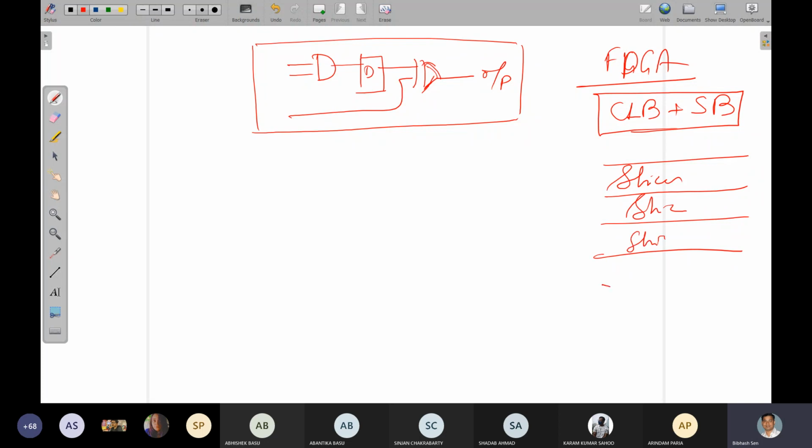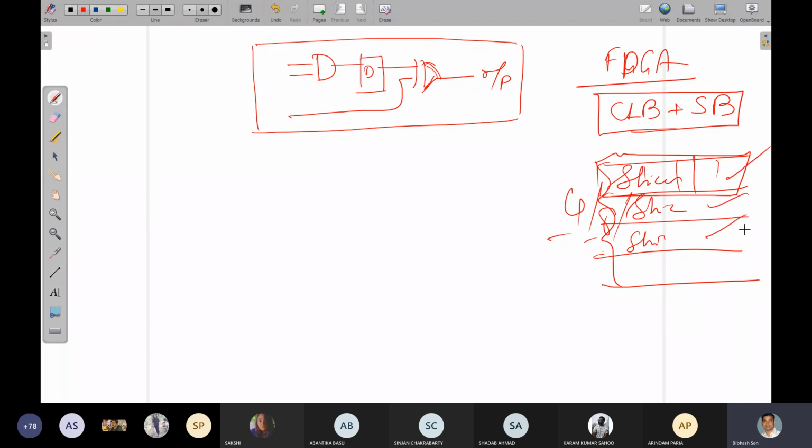An FPGA can have 4 slices, 8 slices, depending on the capability of the FPGA. So the main thing is the slices, where CLB and SB constitute one slice. Slices can run in parallel, and we can implement multiple programs. It is not that only one function can be implemented. When you implement one here, you can implement another function also here. Our main target is that we have to program this part.